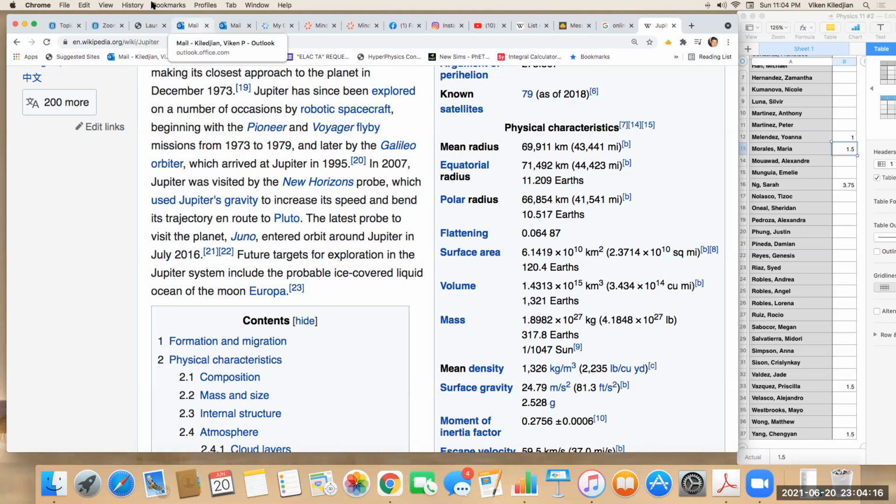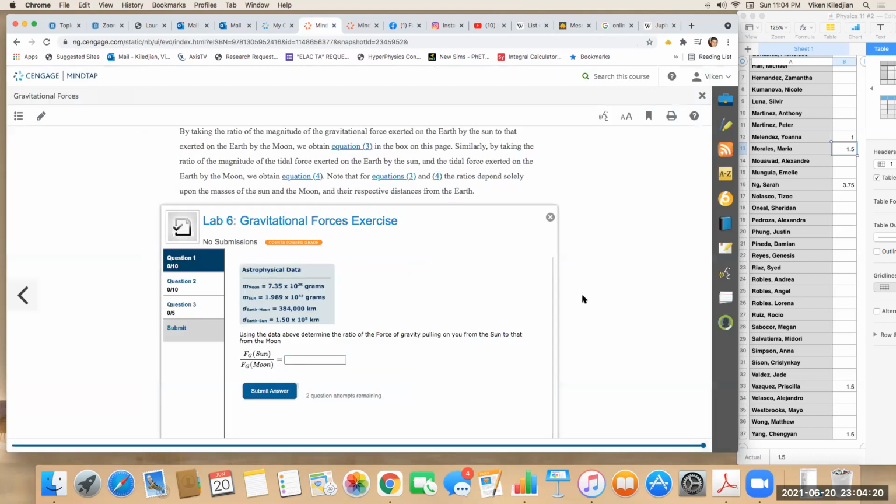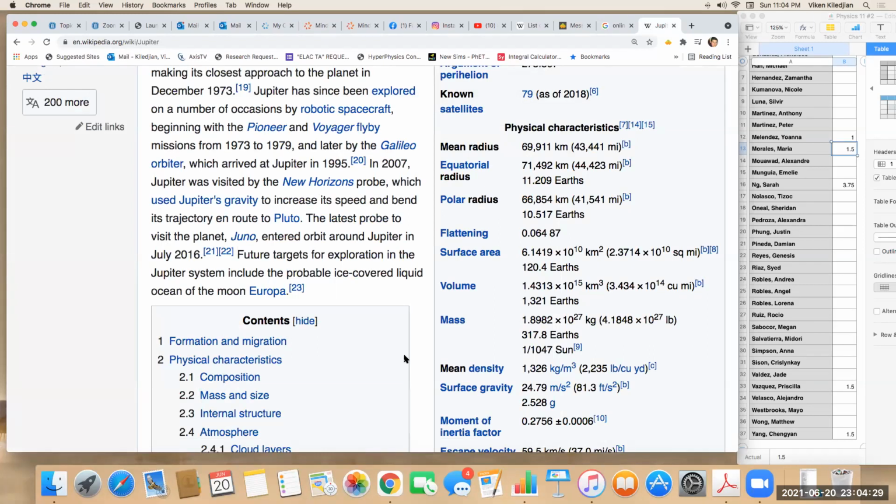So what else do I need from that formula? I need to know the distance of Jupiter to the sun, right? Where is that?